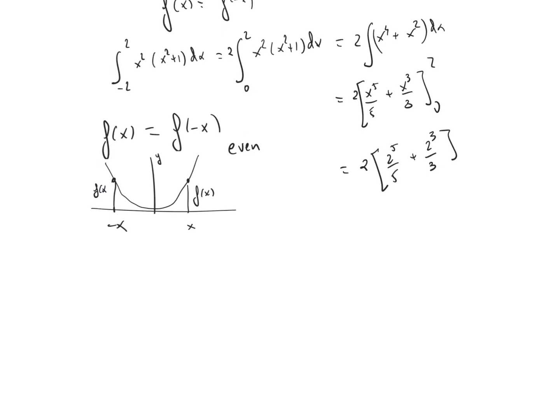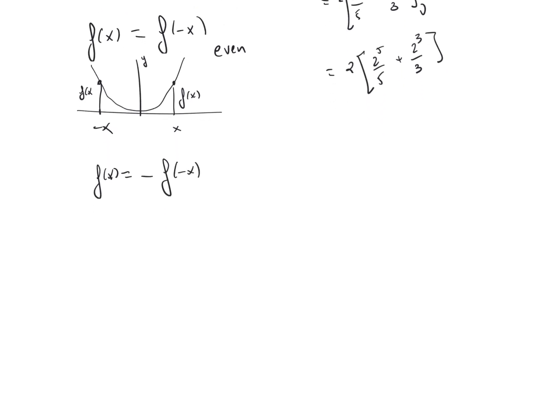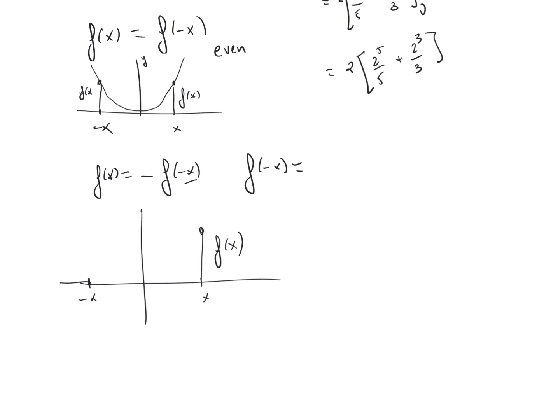And an odd function is a function where f of x is minus f of minus x. What does this mean? It means that you choose a point x and you see f of x. You go now to the point minus x, the one on the opposite side, and f of minus x is equal to minus f of x.